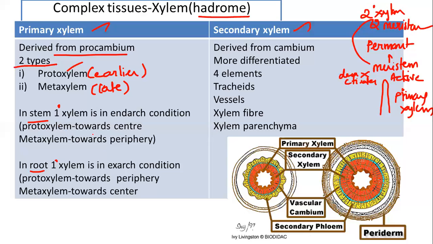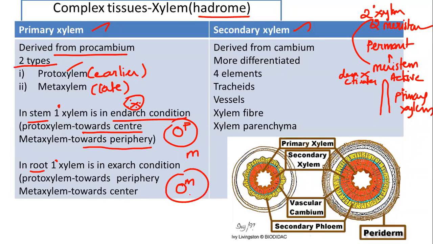In the stem, the protoxylem is towards the center, whereas the metaxylem is towards the periphery. This condition in the stem is called endarch. In a root, the metaxylem is towards the center, whereas the protoxylem is towards the periphery, and this condition is called exarch. Hope you all understood this.